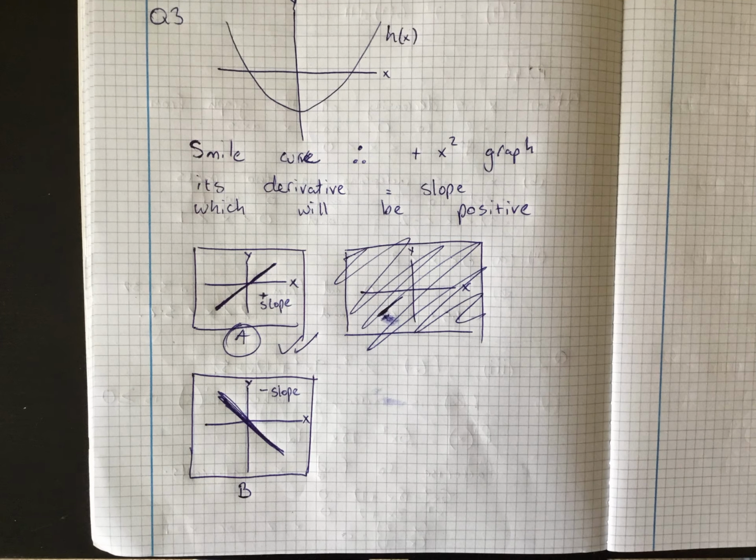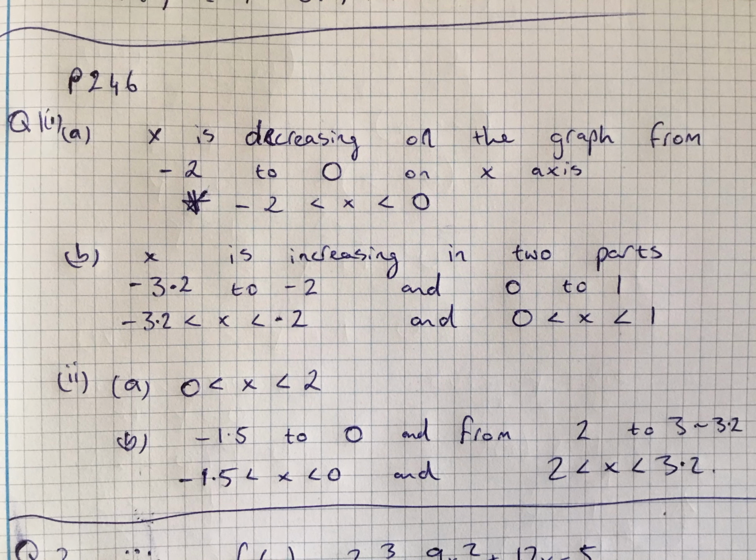And then you can see where it's increasing in part B. When I go from -2 to 0, that's where it's decreasing, because the curve is going downwards as we move across the x-axis.